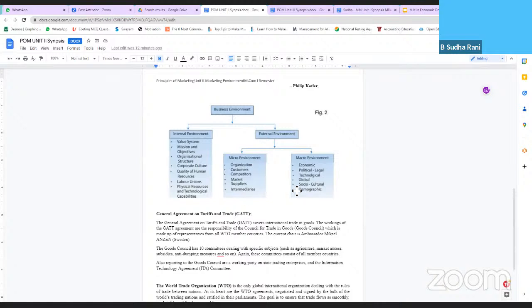So Airtel could not do anything because consumer preferences had changed, right? Demographic, age, income group, educational background, occupational background. These all show impact on the consumer's behavior, which are not in the control of the organization.